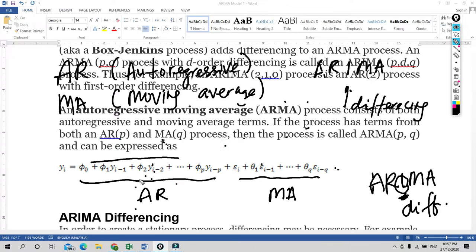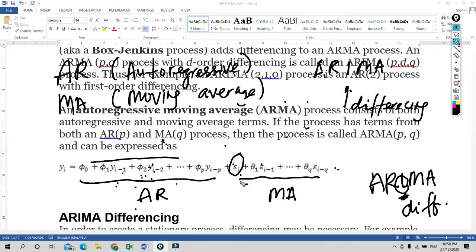So the ARMA model takes autoregression and moving average. For autoregression AR(p), we have phi 0 plus phi 1 y_{i-1} plus phi 2 y_{i-2} plus up to phi p y_{i-p} plus epsilon_i. This epsilon_i is shared between MA and AR.